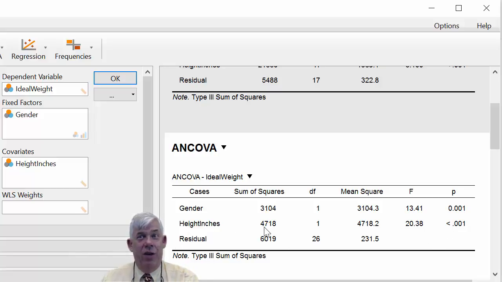Height in inches, the covariate, clearly has a relationship. As part of the process, it's computed whether this is a significant factor or not, and it appears to be a very significant factor in predicting it, more significant than gender. But what it does suggest is that at a given height, the women in our sample were likely to predict a slightly lower ideal weight than the men in our sample.